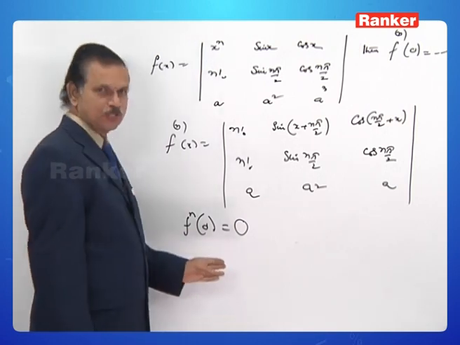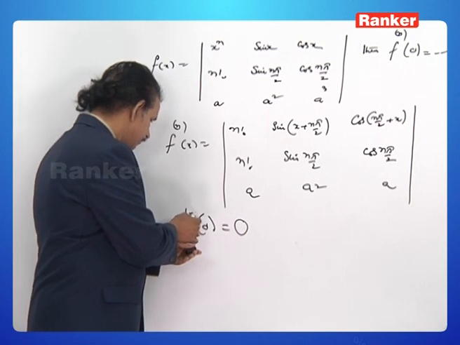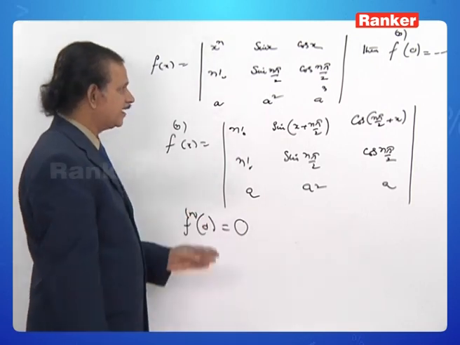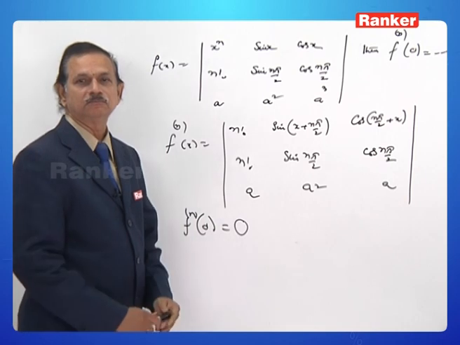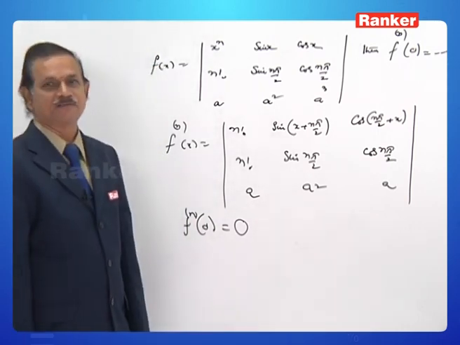Therefore, f power n of 0, what I mean to say is it is not f power n of 0, it is the nth derivative. Do not forget to put the brackets. Then it is 0. You please observe this, it's a beautiful question.